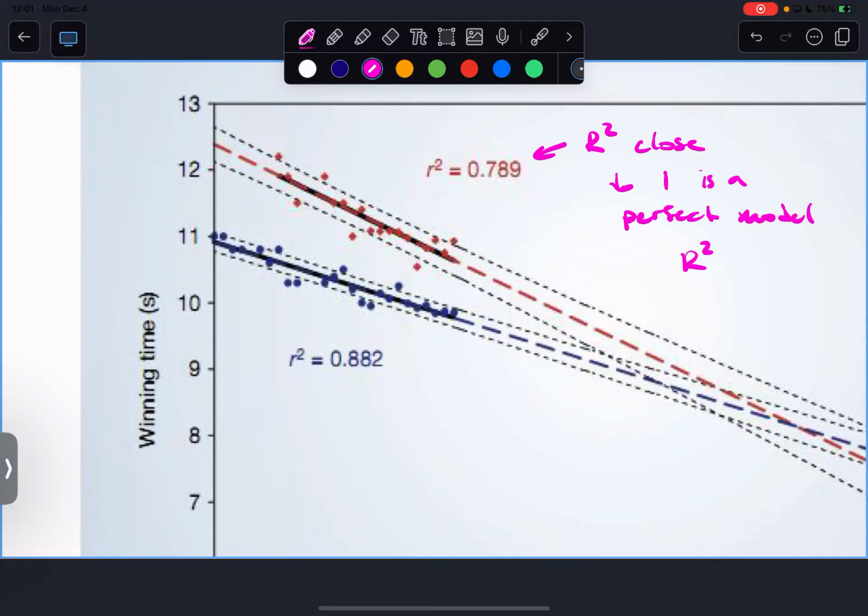And R squared is between 0 and 1. And it is the correlation squared, right? If you take a negative value, square it, it becomes between 0 and 1, which makes it a percentage if you wanted to. And so here, 78.9% and 88.2%, these lines are relatively strong. They're doing a good job of modeling these points.